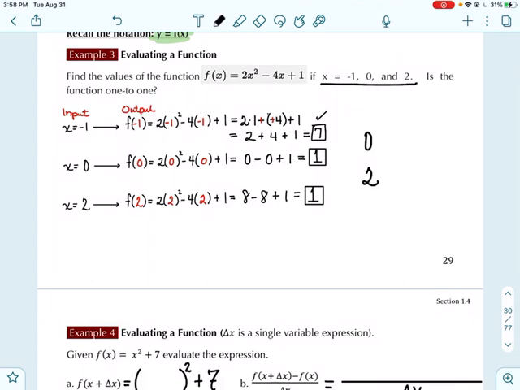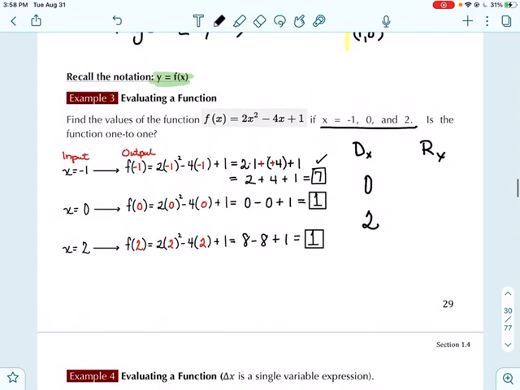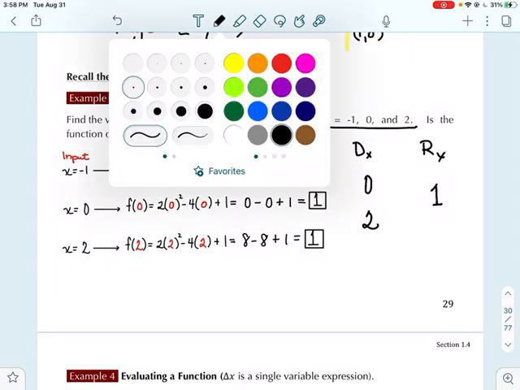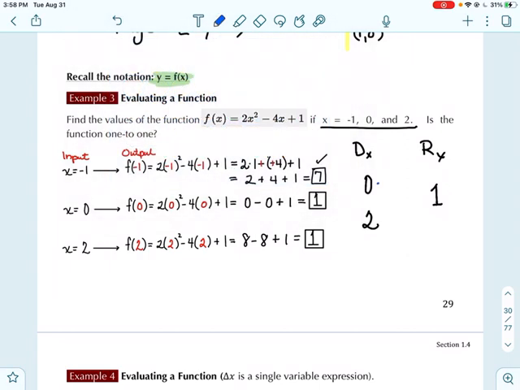If I was considering this is the domain and this is the range, the x values and the y values, then if I take these two values, there is only one value for y. So 0 goes to 1 and 2 goes to 1.